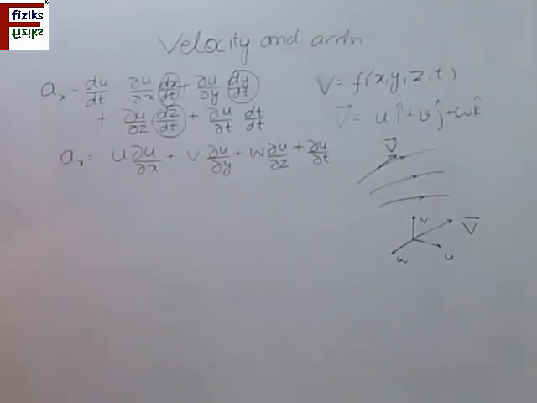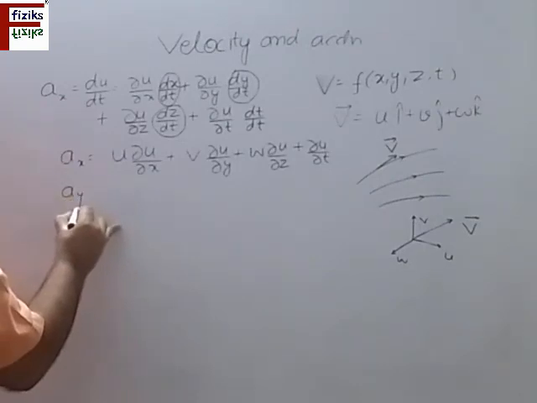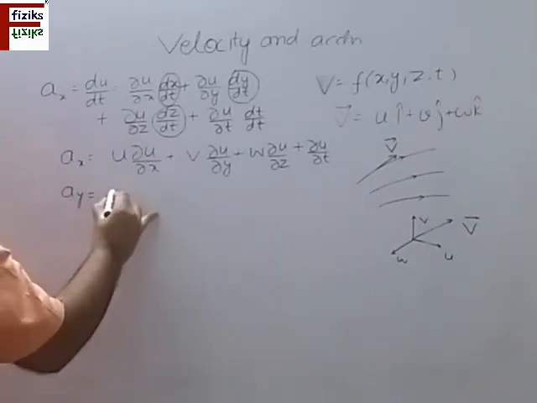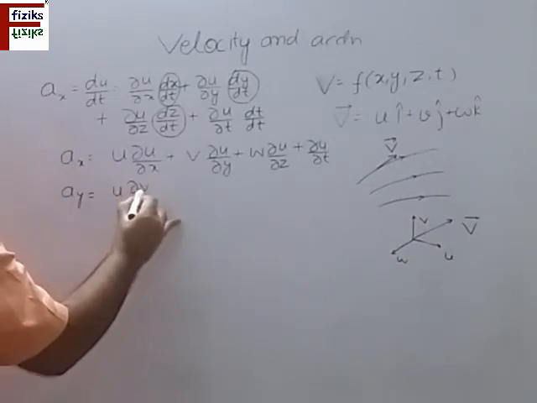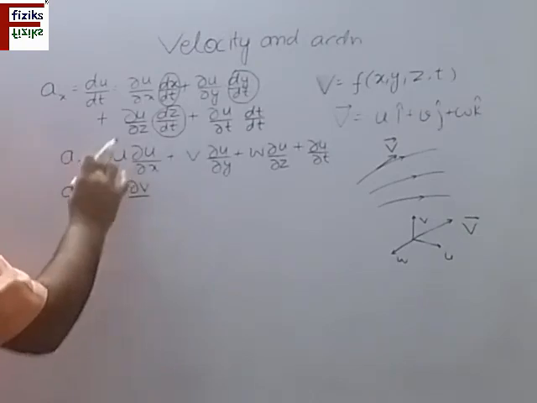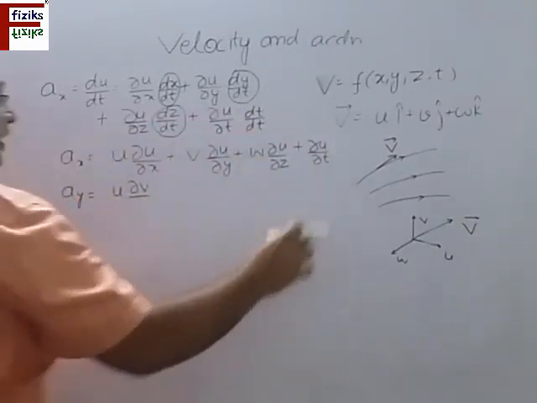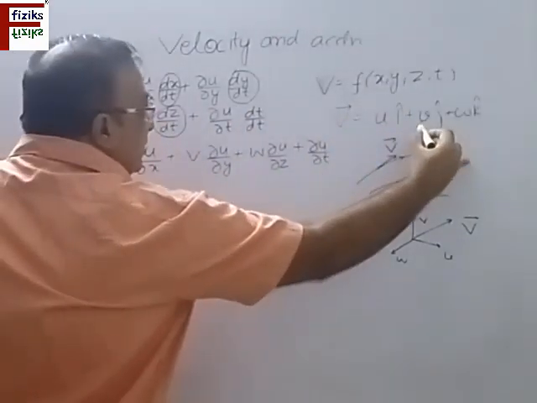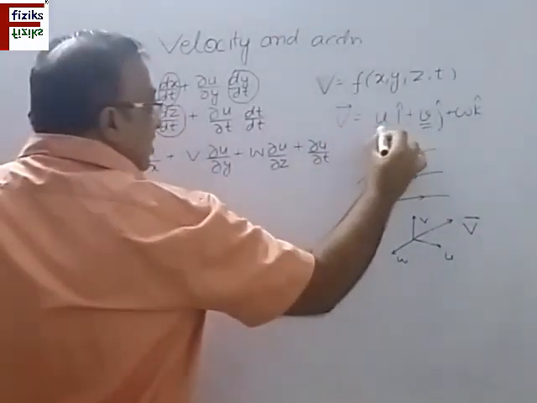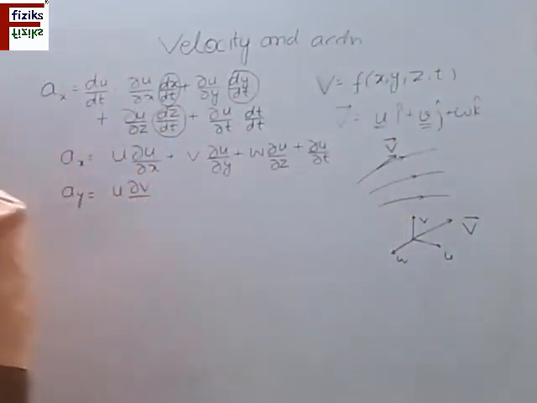Similarly, we can write the terms for y direction acceleration. So this I can write equal to u. Now here we will be writing del v, because in y direction velocity is v. So v is a function of x, y, z and t. I am talking about this small v. This is total velocity. This is in x direction, y and z direction.